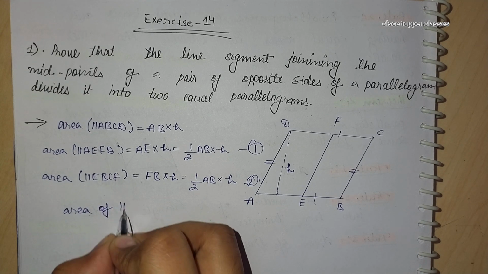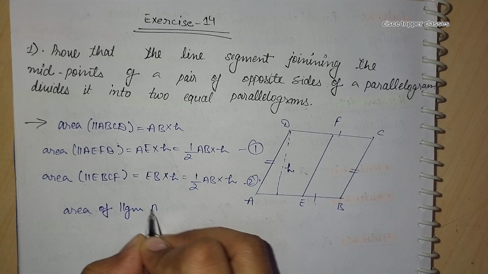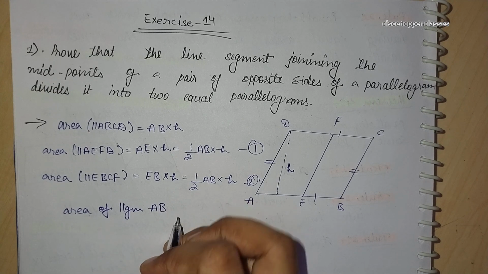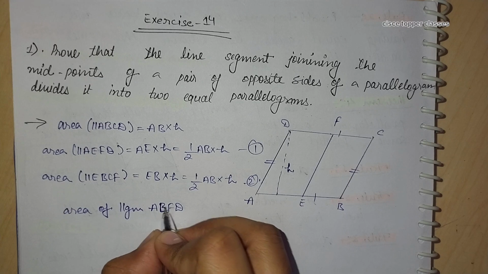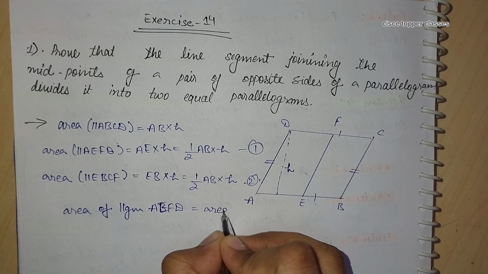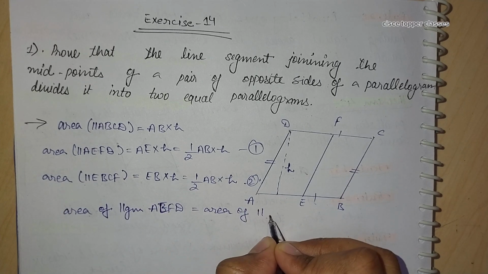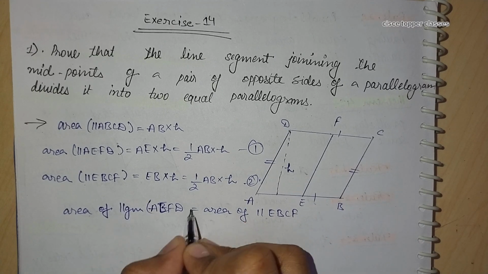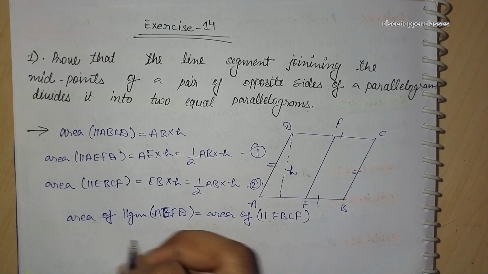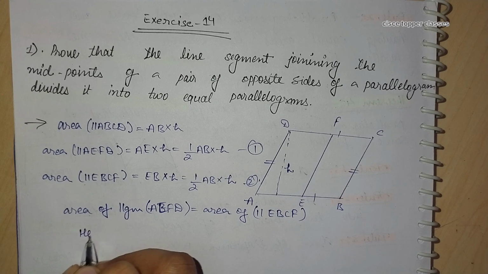So the area of parallelogram AEFD is equal to the area of parallelogram EBCF.